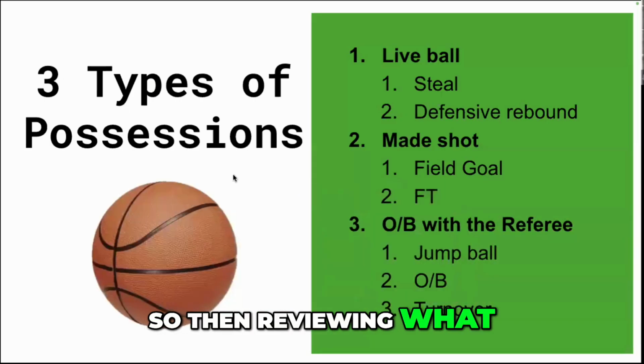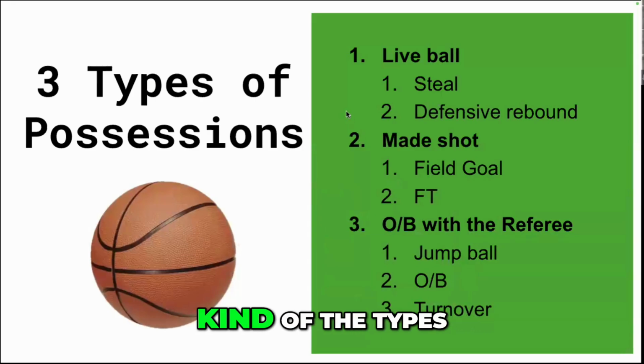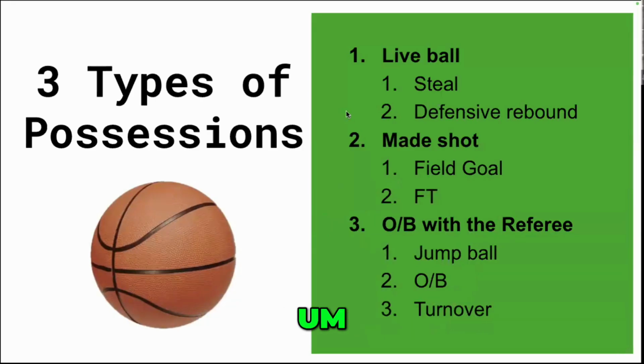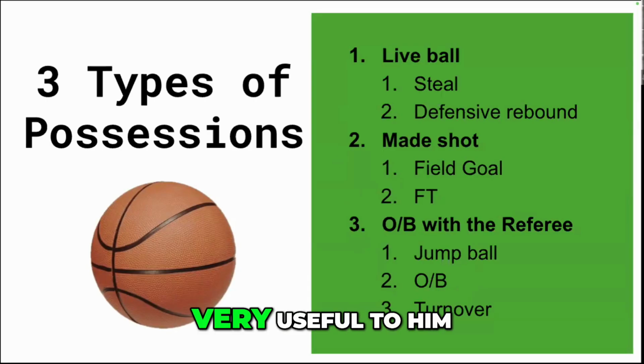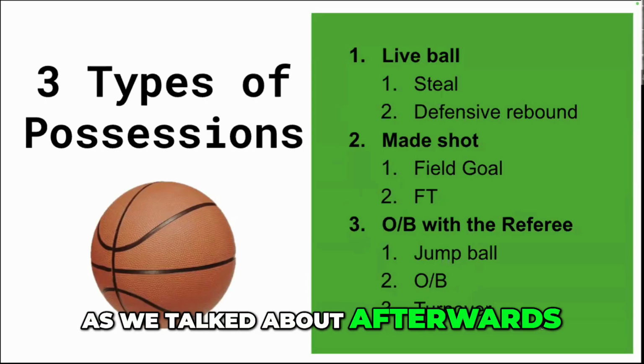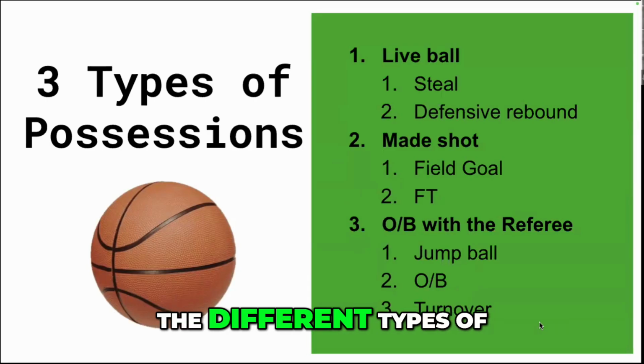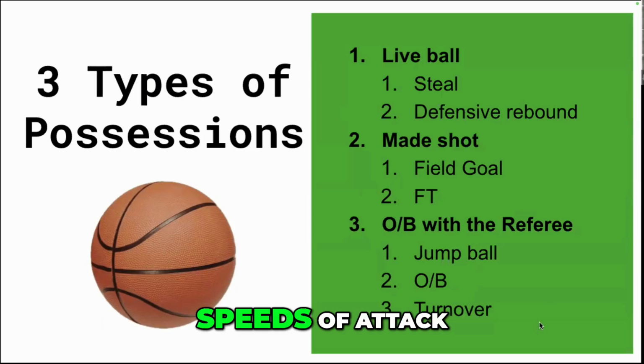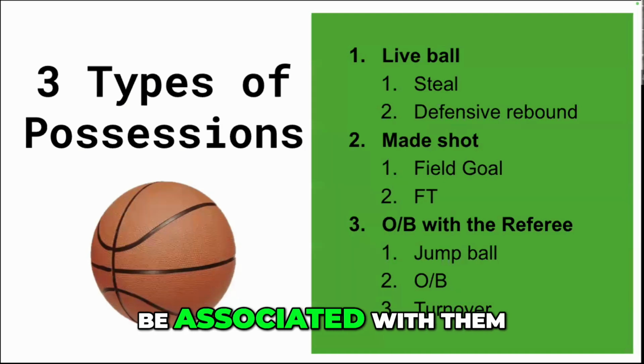So then reviewing what we ended with in that defensive week, the types of possessions. This is something Dana really keyed on, was very useful to him as we talked about it afterwards, trying to break down the different types of possessions and the different speeds of attack, and then relate those to the points per shot value that can be associated with them.